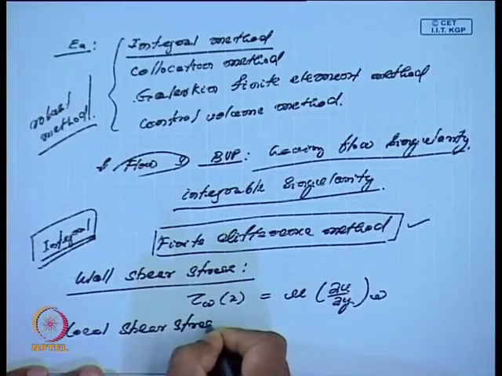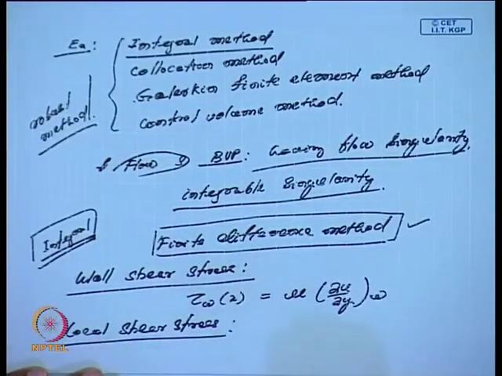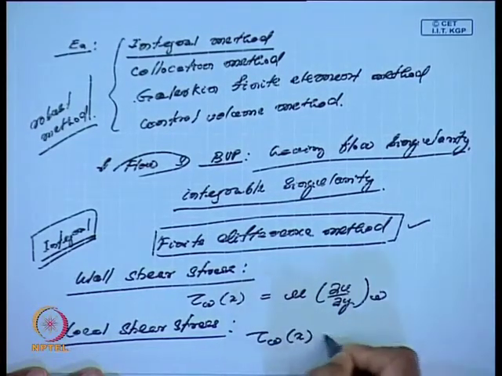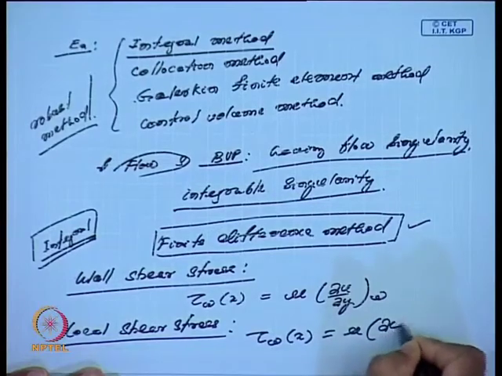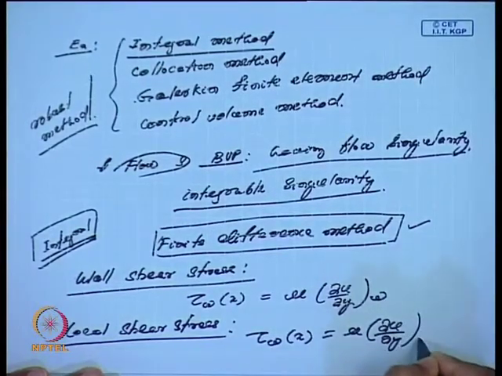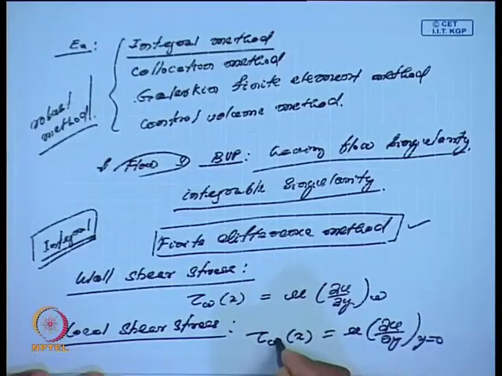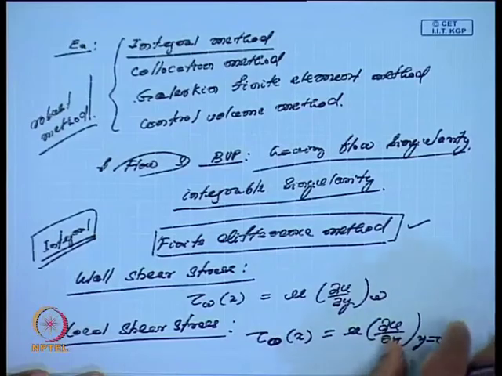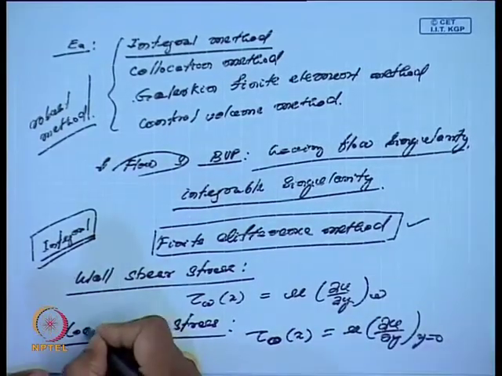If the wall is at y equal to 0, then we call tau W of x as mu del u by del y at y equal to 0, and we call this tau 0. That is called the local shear stress.